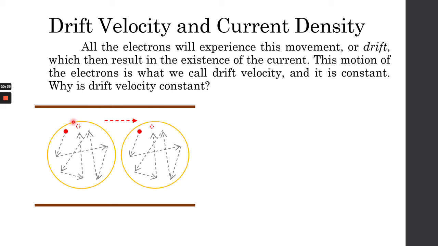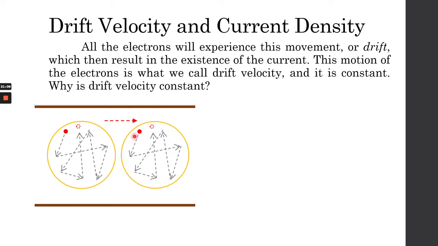So slowly and steadily, the area that these electrons are moving in will start to move in the direction of the force that they're experiencing. And now that we have our electrons moving in relation to our conductor, the conductor will start to produce a current, and that's what our current is.